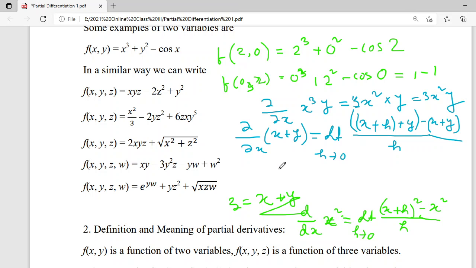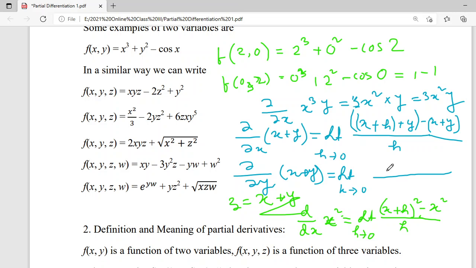Similarly, if we say del y, this is the delta symbol actually. So del y of x plus y is the same as this: limit k tends to 0, where we keep x as it is, because it is with respect to y.